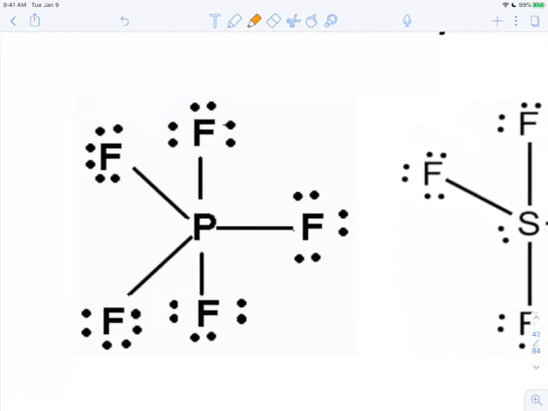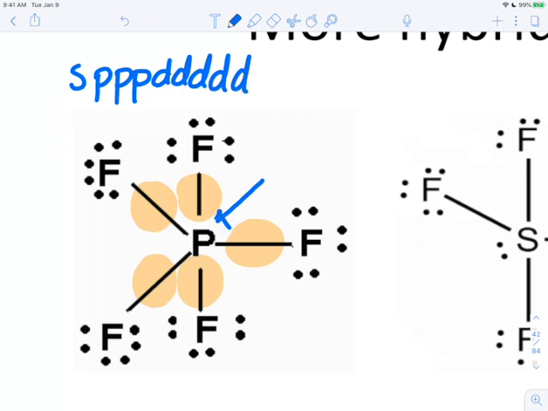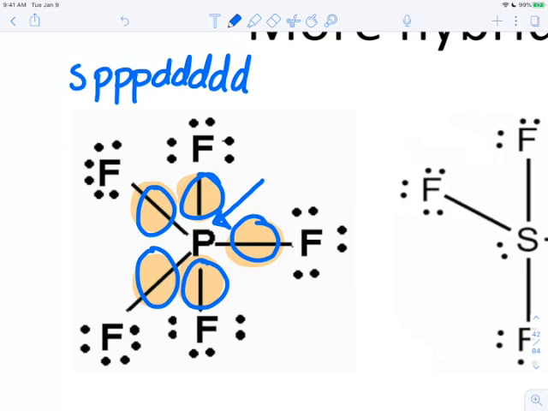Around this phosphorus, I see 1, 2, 3, 4, 5 electron clouds or electron groups. So I'm going to list out our orbitals: always 1 s, always 3 p's, and always 5 d's. All right, so what do you think the hybridization on phosphorus is, knowing that we have 5 electron clouds or electron groups, and remembering that each one needs its own orbital?